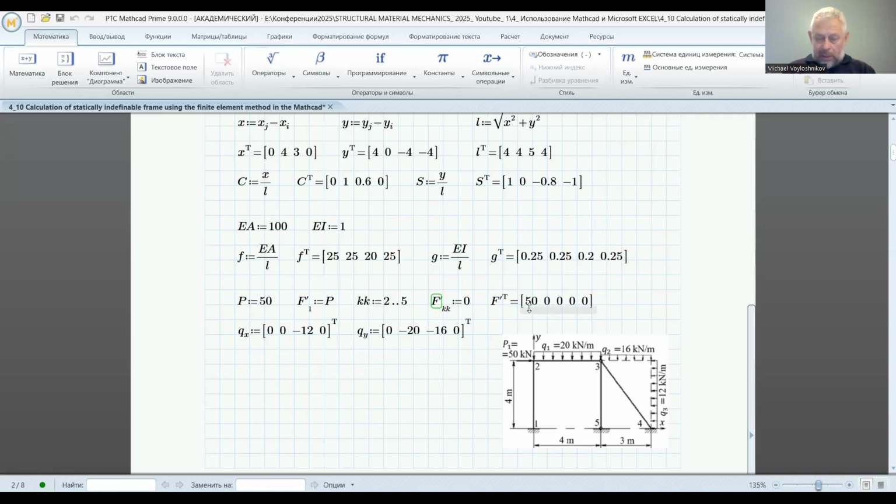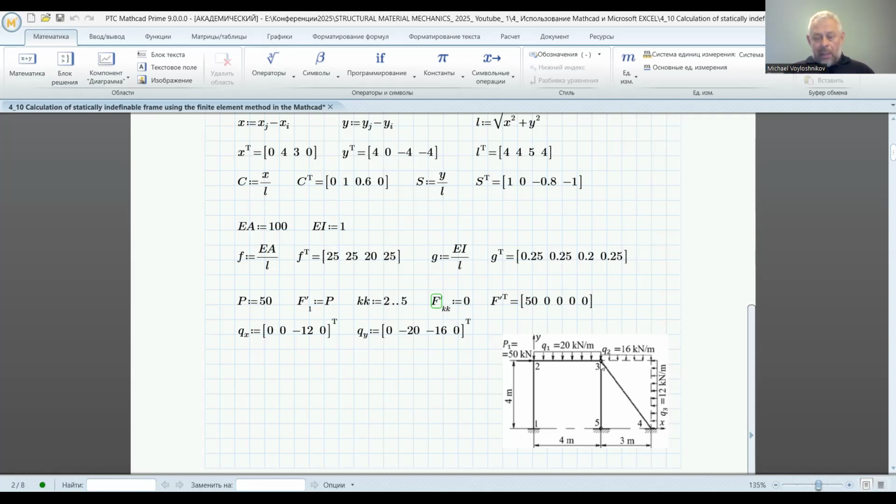This is a formal set of the concentrated external efforts assigned to the considered statically indefinable frame. So to the node 3 we have 2 components of the force applied. One horizontal component has to be equal to 0. Besides that, we also have the distributed load, and we will look for the concentrated force when we reduce this distributed load to the nodes, and with them to the node number 3.